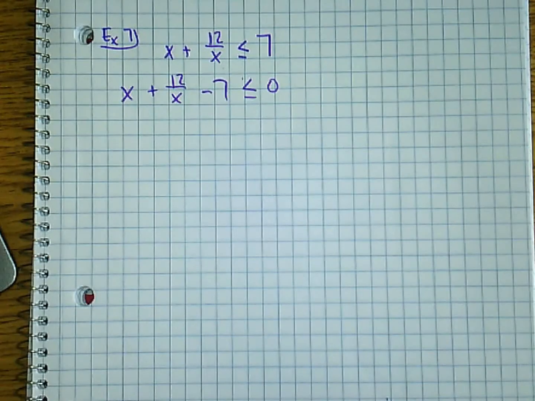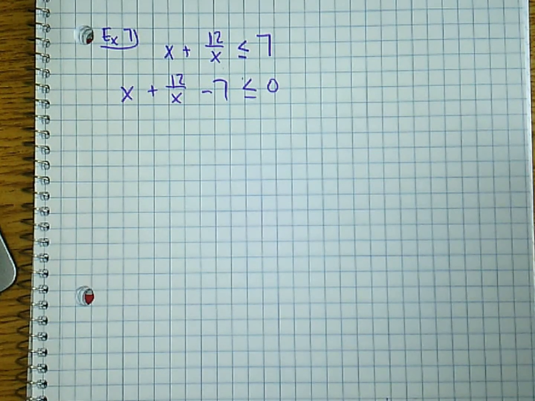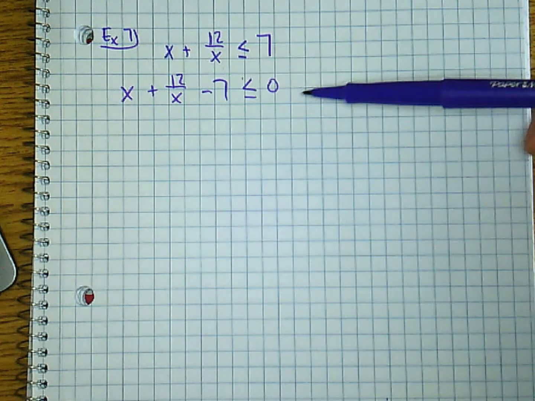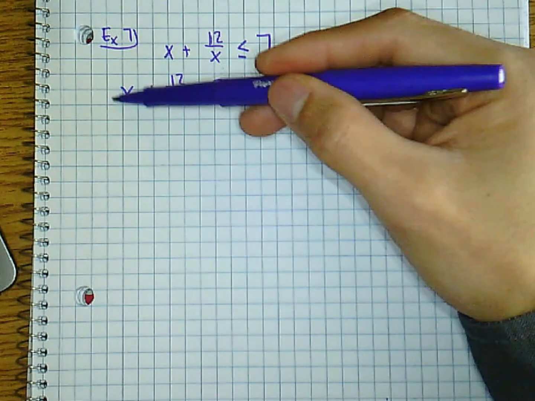So we're dealing with rational inequalities, okay? You have 3 terms. It's not a polynomial because this one's divided by x. So because it's not a polynomial, I need to make this entire thing look like a fraction. Or in other words, I need to make it rational.